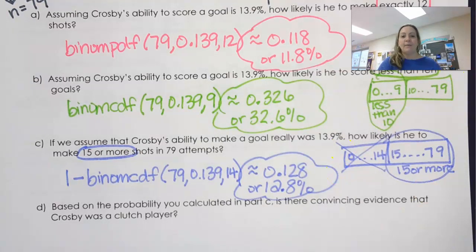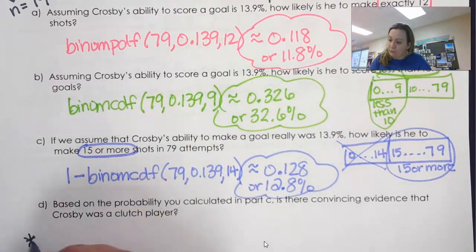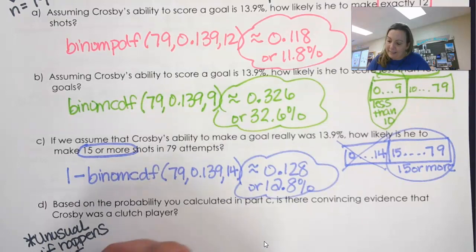So now based on the probability that we calculated in part C, is there convincing evidence that Crosby was a clutch player? Well, remember that what we had talked about a while ago was that things are unusual if it happens less than 5% of the time.